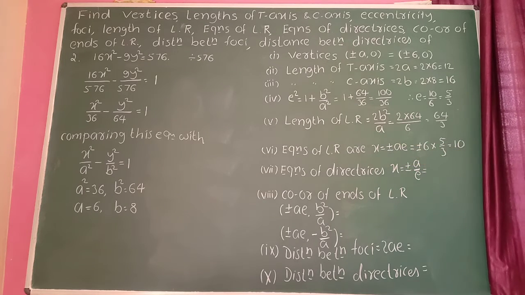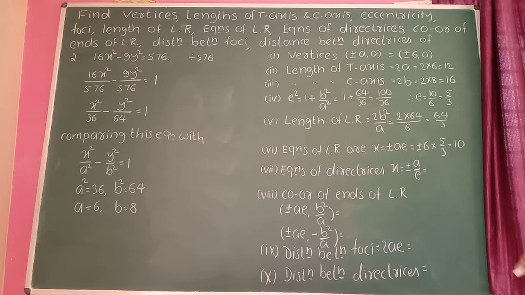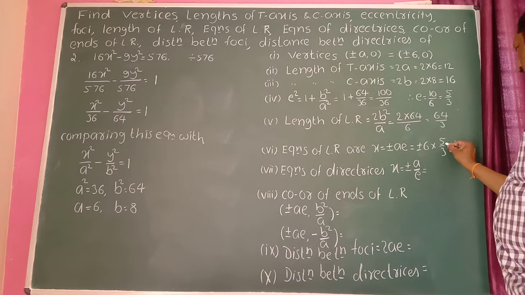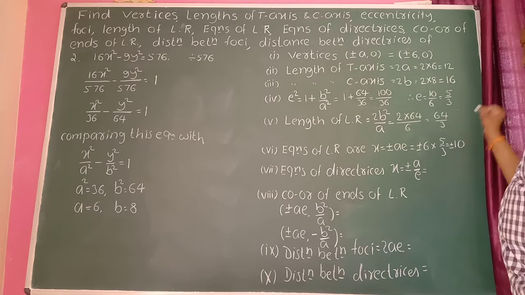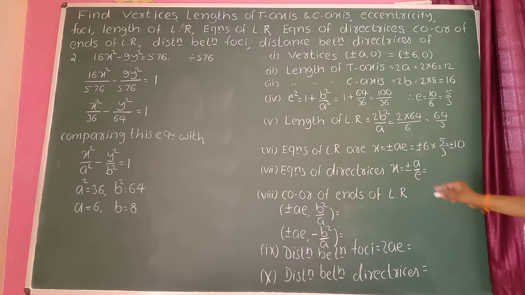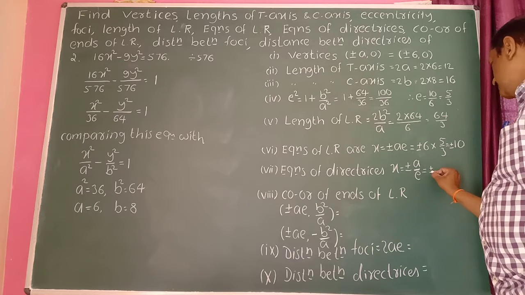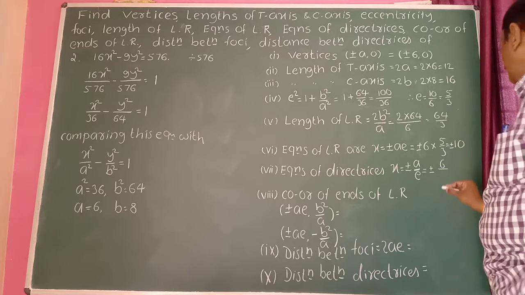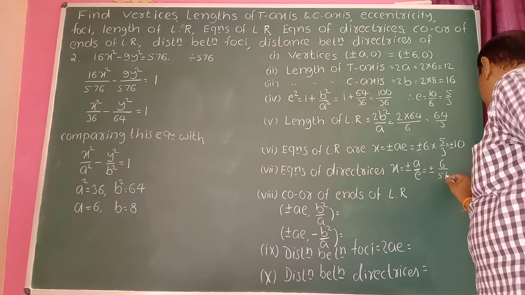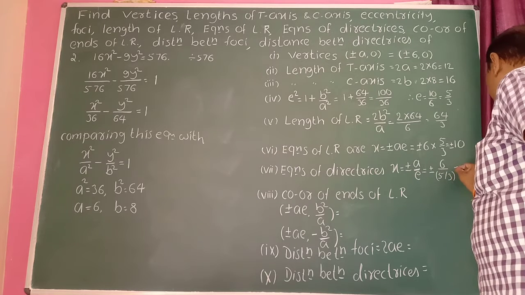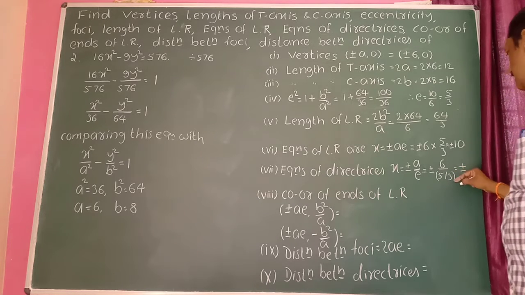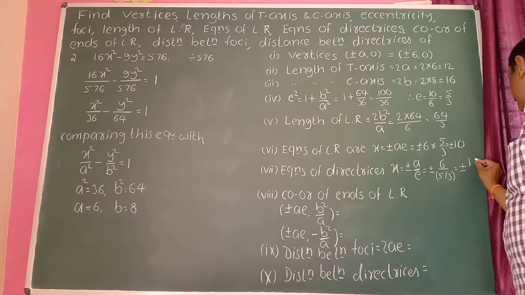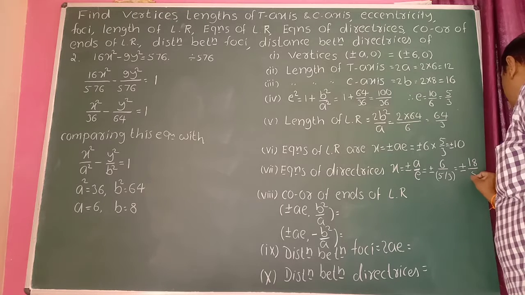Equations of the directrices are x = ±a/e. Here a value is 6 and e value is 5/3. Therefore plus or minus, taking 3 to the numerator, 6 × 3 is 18, so 18/5.